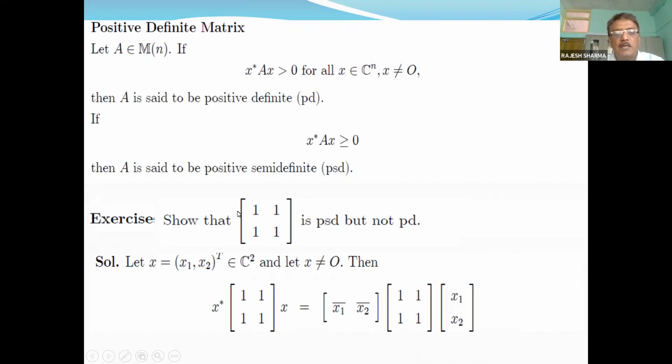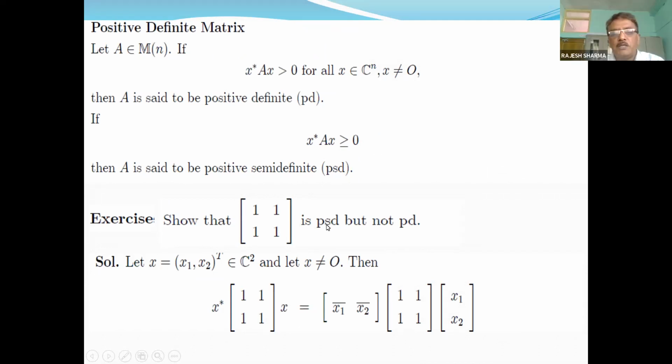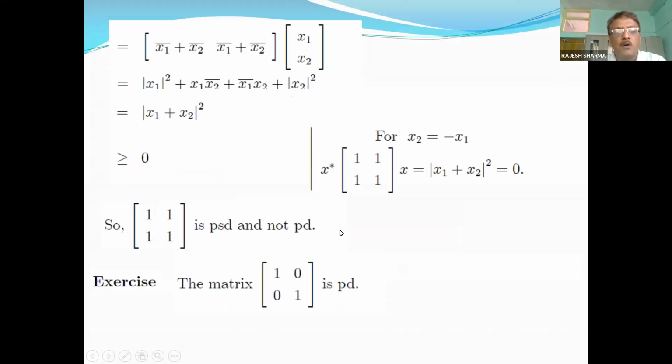For example, consider this 2 by 2 matrix, 1 1 1 1. This is positive semi-definite but not positive definite. Why? If we take x with x not equal to 0, then we calculate x star Ax, and this comes out to be mod x1 plus x2, whole square.